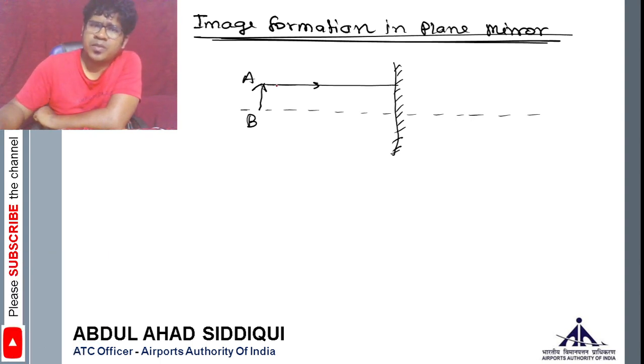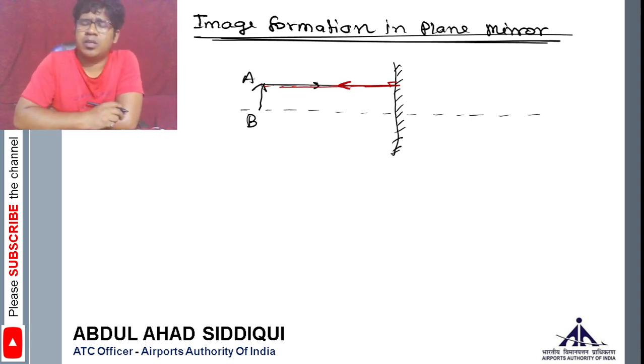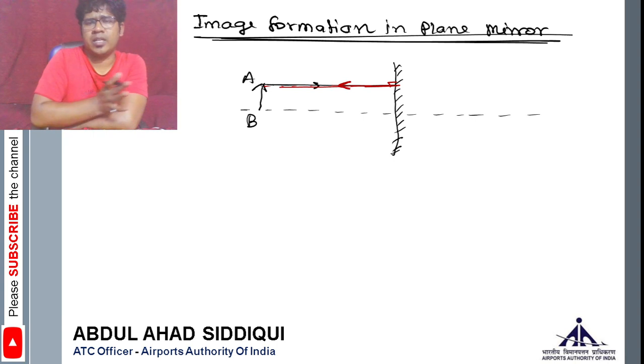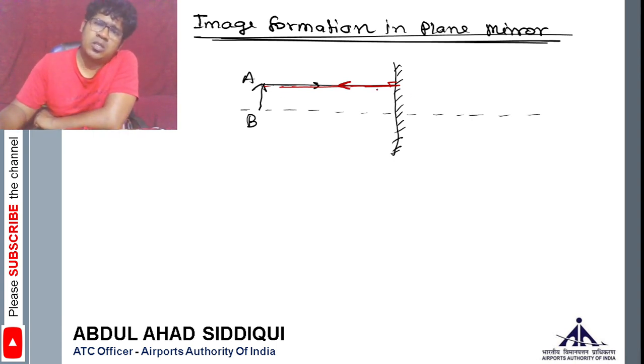It will be 0, because normal is also like this here. So angle of incidence is 0, so angle of reflection will also be 0. So the reflected ray will travel in the same direction. So we have one common rule: light falling perpendicularly on the mirror retraces its path. It comes back following the same path. Now suppose another thing, let's say this light is coming here.